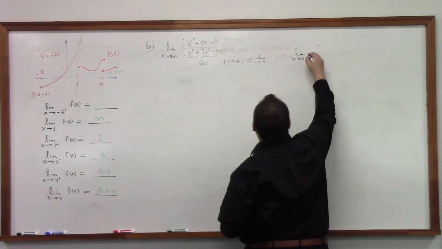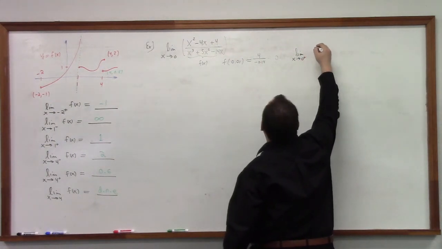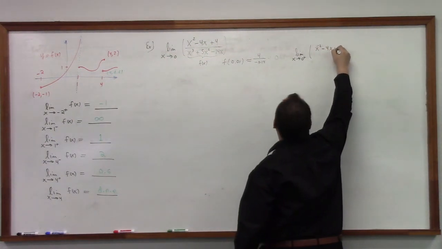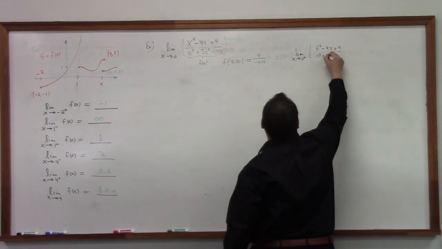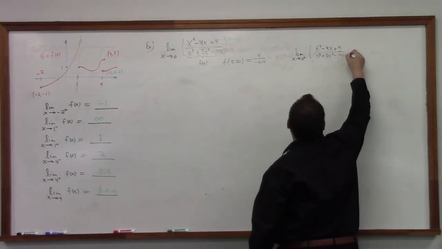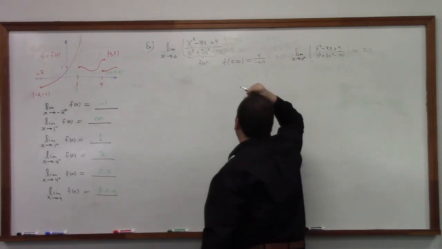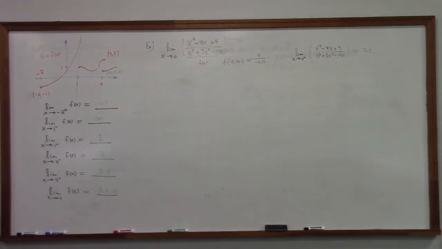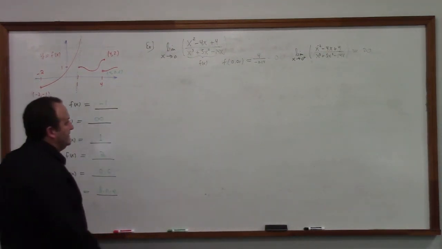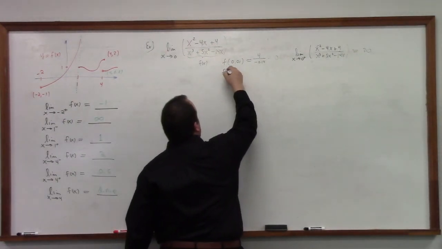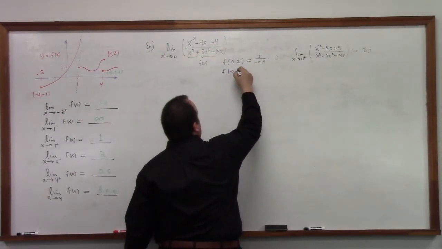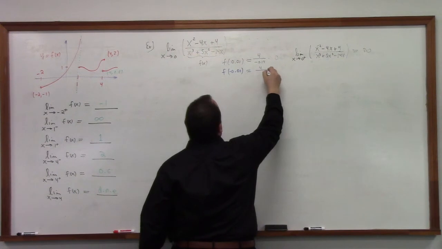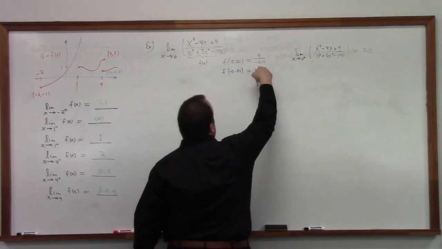as x goes to 0 from the right of this rational function is negative infinity. On the flip side, if I look at the negative of that, it's like 4 over 0.14, those being the dominant terms.